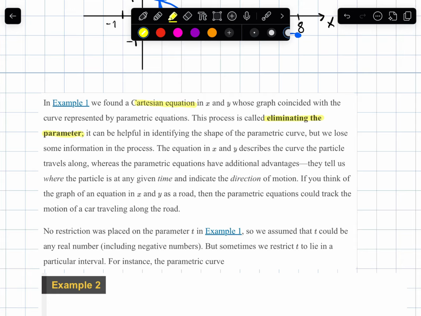But then we lose a little bit of information, like I said, because the time variable, the parameter, tells us where the particle is at a given time, and so we can figure out the direction. Where is it going at each particular instance? And so this is a little bit more difficult to trace in parametric equations, but also it carries more information.